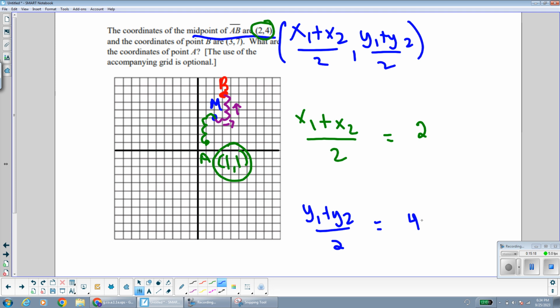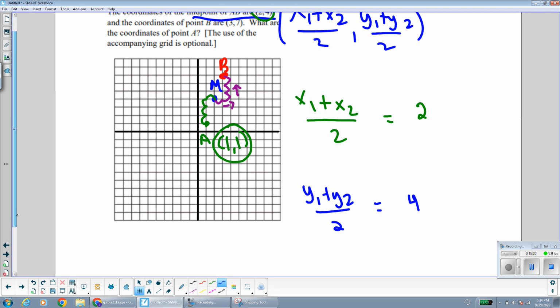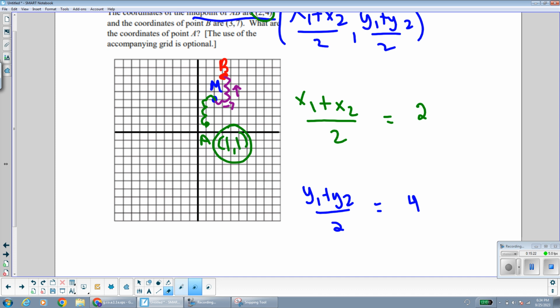So now we just need to backtrack and figure out what the other x and y coordinate was. So we already knew what one of our x coordinates was of one of the endpoints and what one of the y coordinates was of that endpoint as well. So point B was the endpoint we're given, and we're given that the x coordinate is 3, and that the y coordinate of that point was 7.